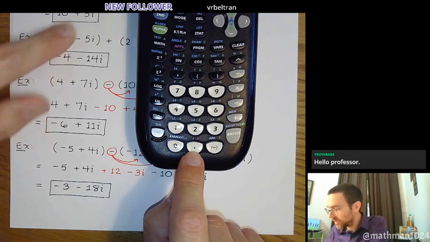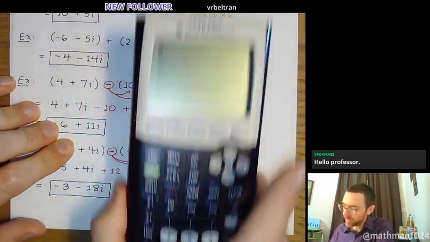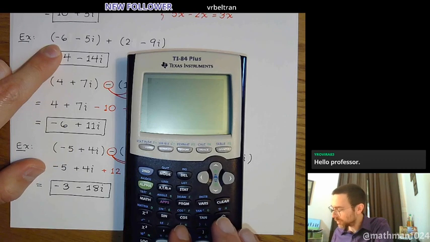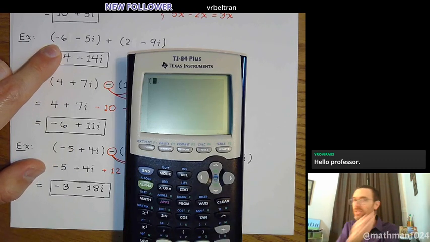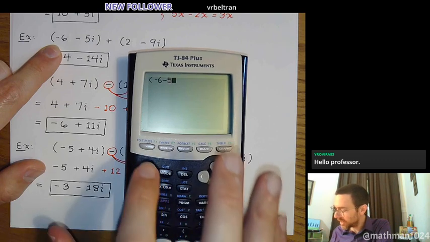If you press the second key and the decimal, that's going to give you the i. So I can type this in exactly as I see it. So parentheses, and now see that leads off with a negative, so if you do the minus sign, it's going to be wrong. So it's going to be negative, use the negative, 6 minus 5i.